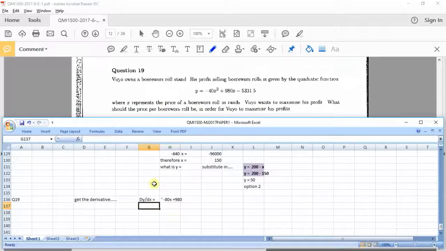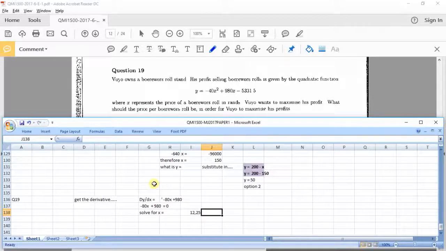What do they want? What should the price per Boerewors be in order to maximize profits? So make that equal to 0. Negative 80x plus 980 equals 0. Solve for x.